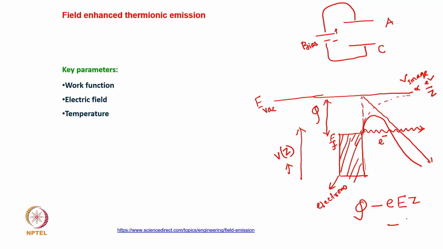This also reduces the work function phi. All right. So, eventually what happens, because it now has a much lower energy barrier in front of it, the electrons can quantum mechanically tunnel out from the Fermi level to the free state. Okay. That means from cathode to anode.